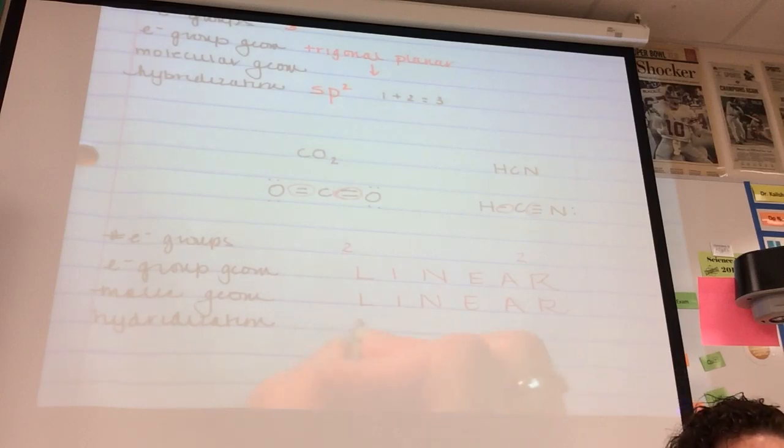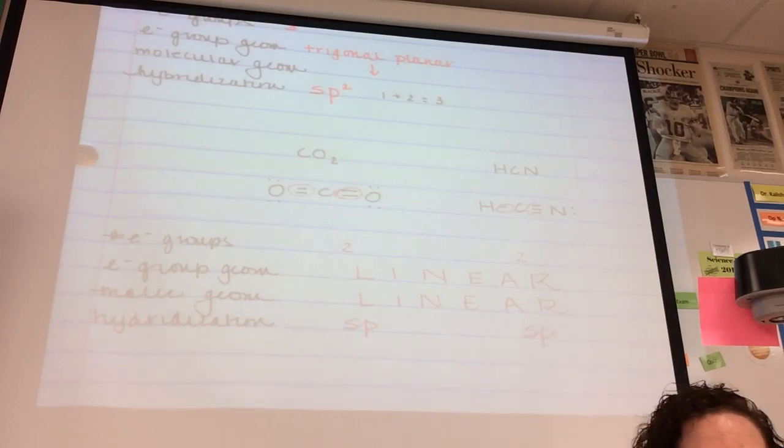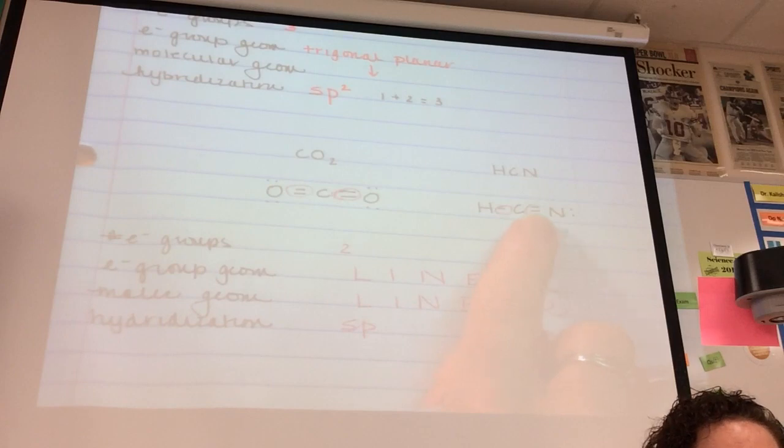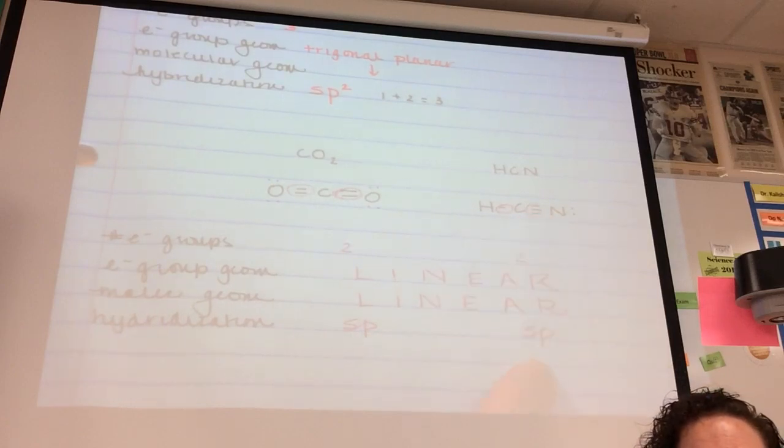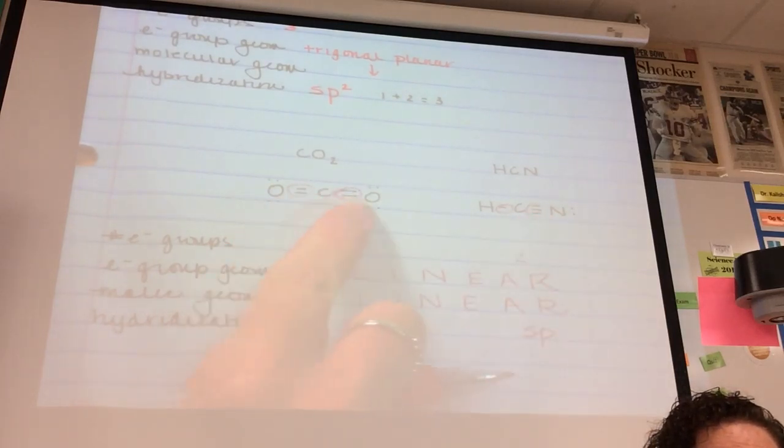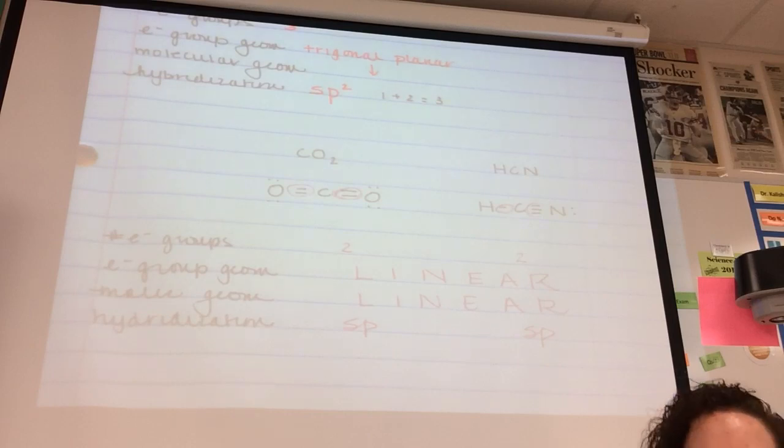SP. That would be SP because 1 plus 1 is 2. Anytime you have a triple bond, you're going to have linear, got to be SP. If you have 2 double bonds like that, as long as you're not expanding an octet, also SP. So the hybridization is dependent on how many electron groups you have? For sure. Okay, I knew that.